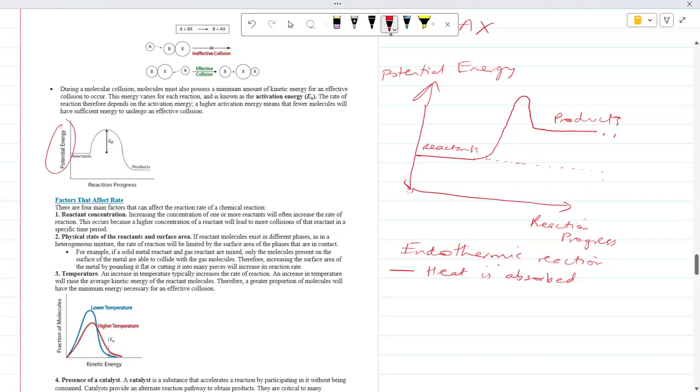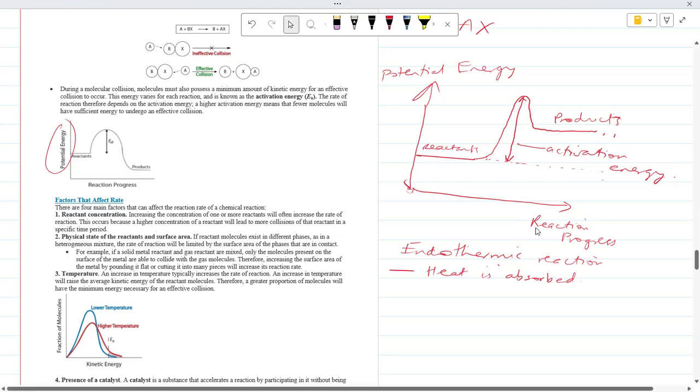Okay. This will be the activation energy. So it's very good to have an idea of this type of diagram in your chemistry lessons or any test that you're taking on chemical reactions.